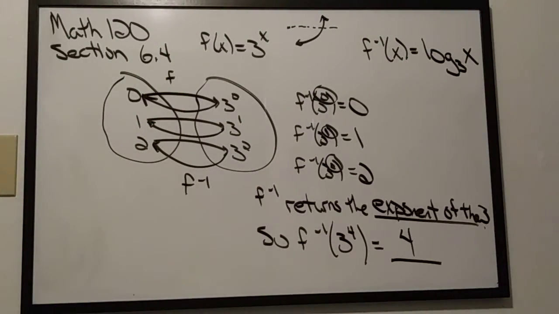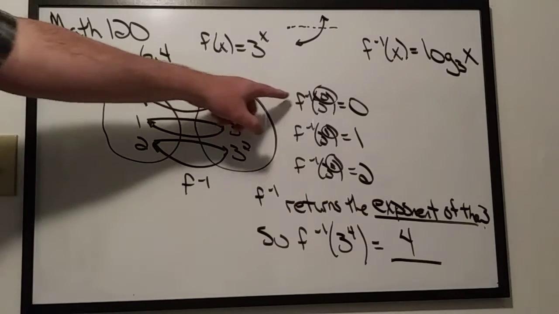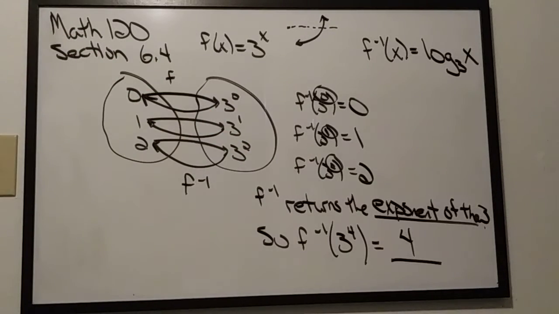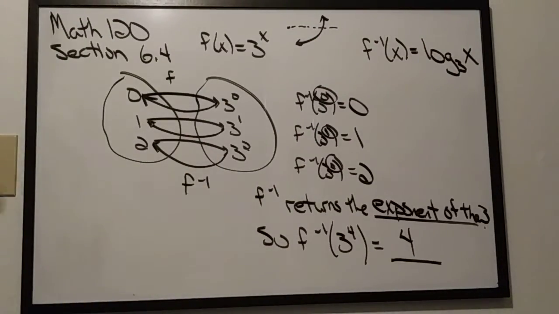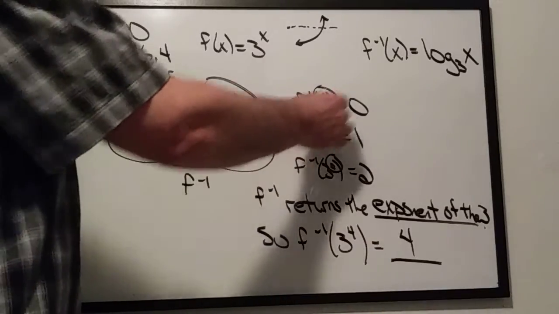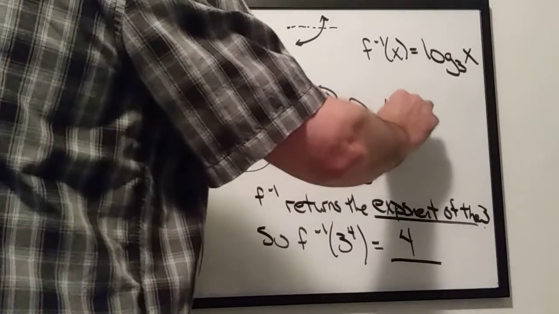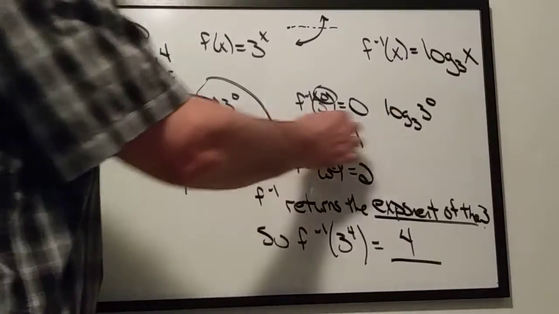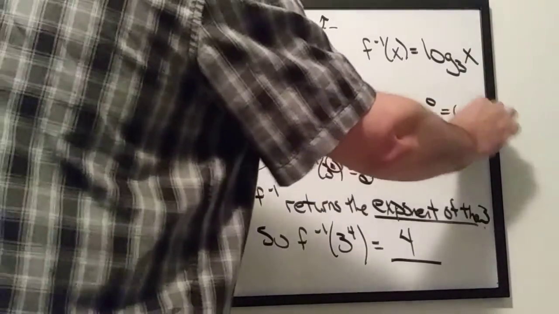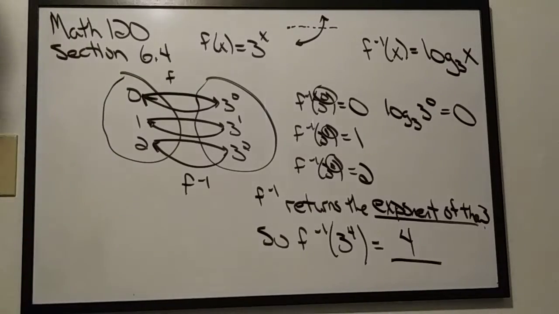So as you look at this problem then, I can take each one of these statements that I wrote in terms of f inverse notation and just write it as log base 3 notation instead. So instead of calling this f inverse of 3 to the 0, I can call this log base 3 of 3 to the 0. And I know that my answer has to be 0. So log base 3 of 3 to the 0 is 0.